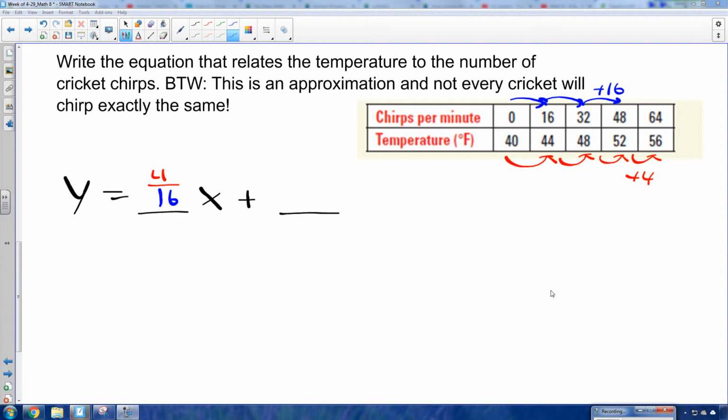We're getting pretty close, and we need to know the starting point, the y-intercept. So we have y equals 1/4 x plus.